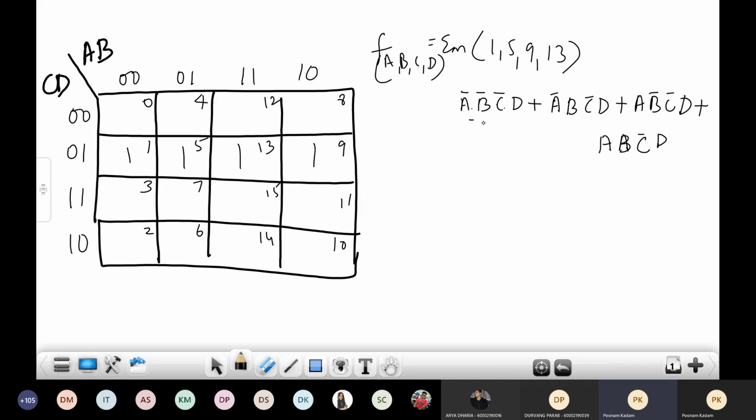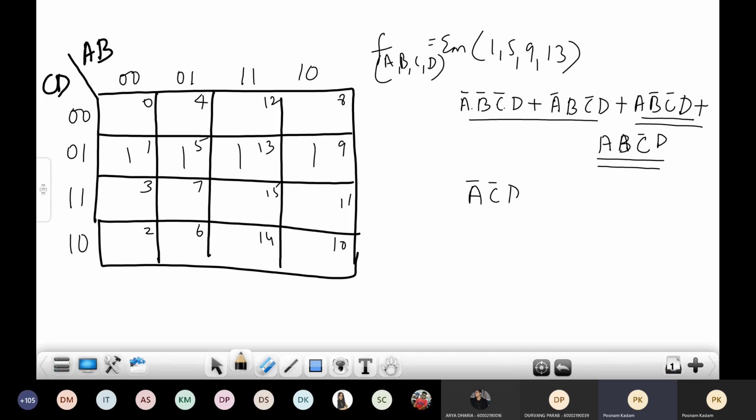So if you group these two cells together, 1 and 5, and 9 and 13, these two together. Grouping the first two, what is common in these first two terms is A bar, C bar, D. You see only one variable is changing over here.